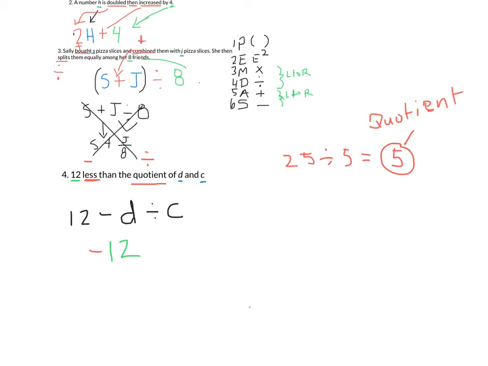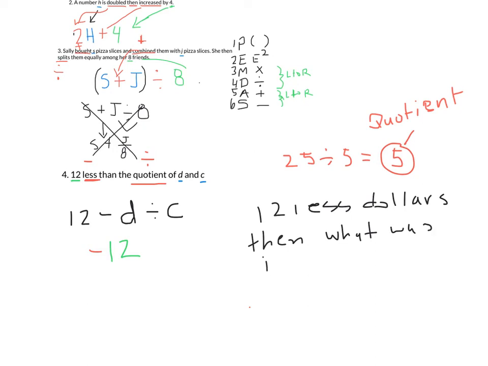If I have $12 less than what I had in my bank account yesterday, and my bank account equals B, I say, okay, well, I have 12 less dollars than what was in my bank account, and that is equal to B. It is going to be B minus 12, because I'm going to be subtracting $12 out of my bank account.